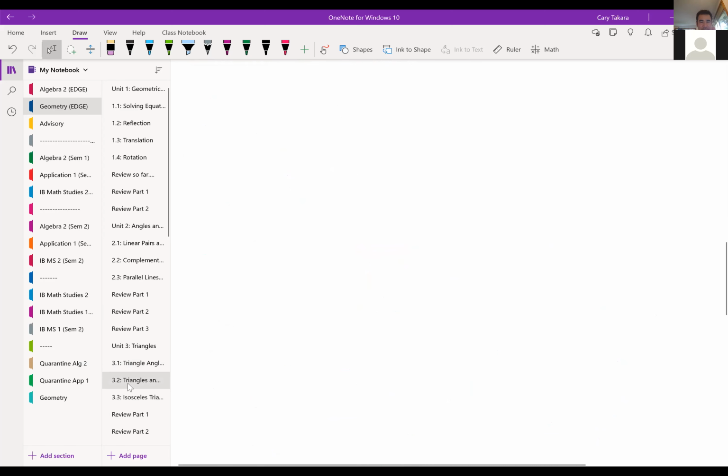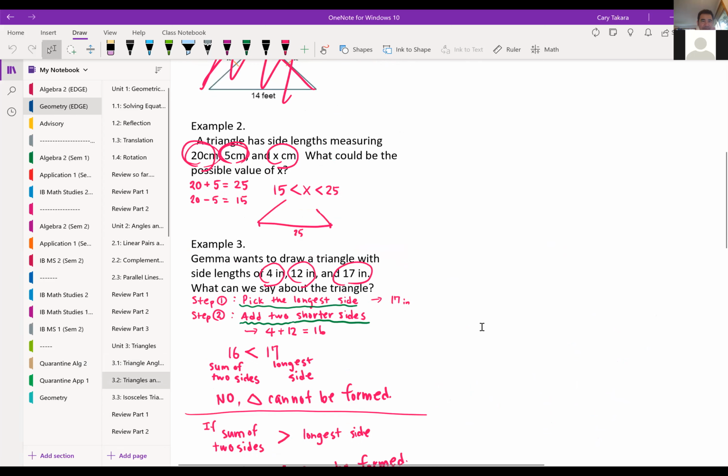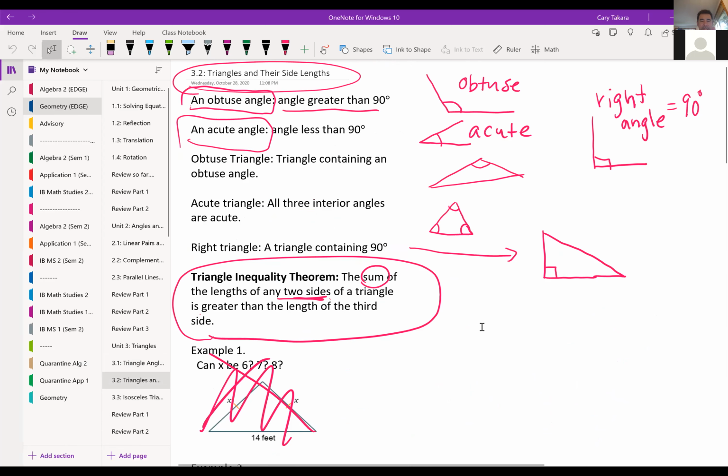And then yesterday, we did talk about the triangle inequality theorem. Do you guys remember that? I'm not going to do this today. It's the skewer example, okay? You can't always create a triangle if you have three numbers. If you have three sticks, would you be able to make a triangle always?